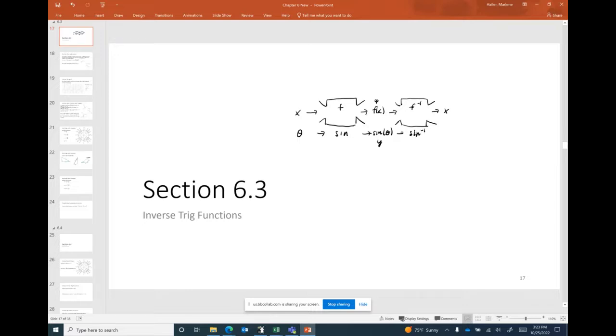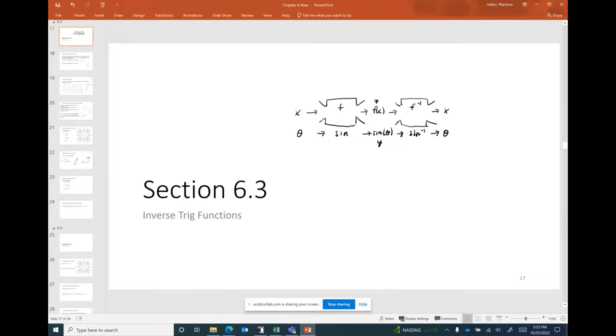It takes as its input the ratio that is the sine of the angle, and it gives as its output the angle. All right? And we can have this for the cosine and the tangent as well. So inverse trig functions do the same thing as other inverse functions do.